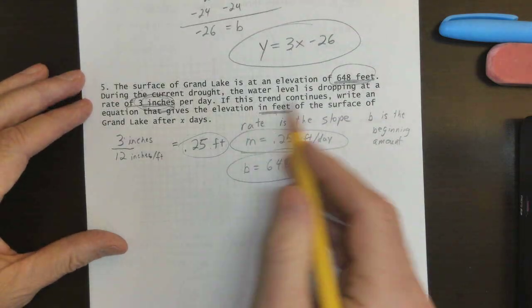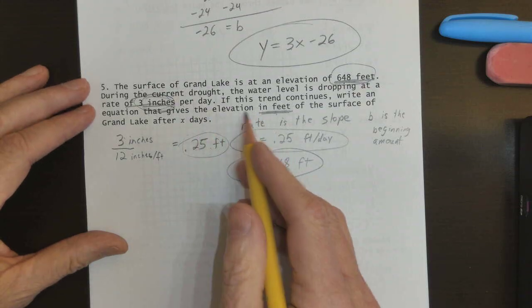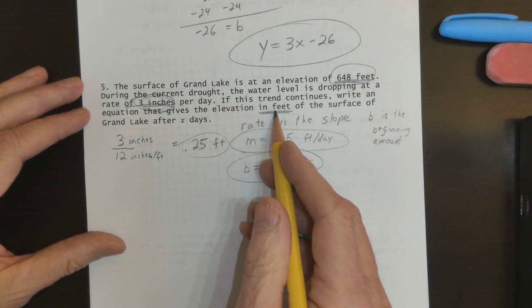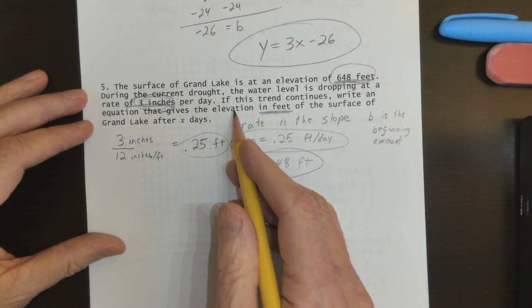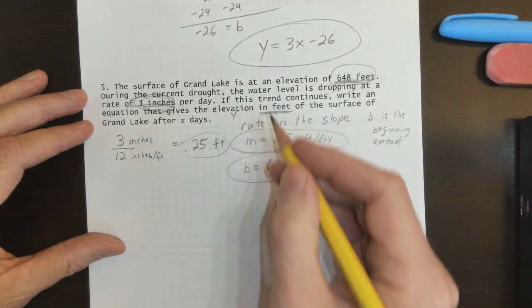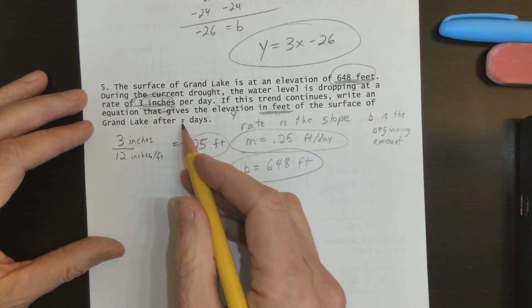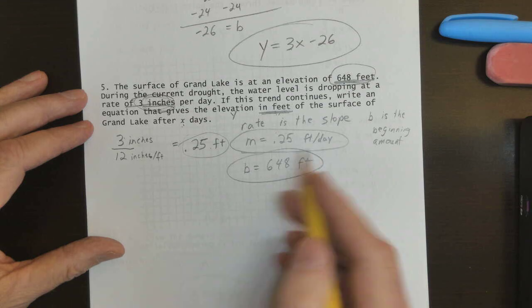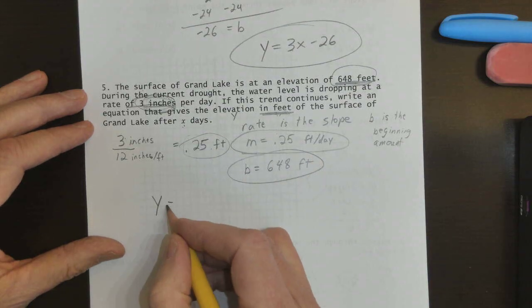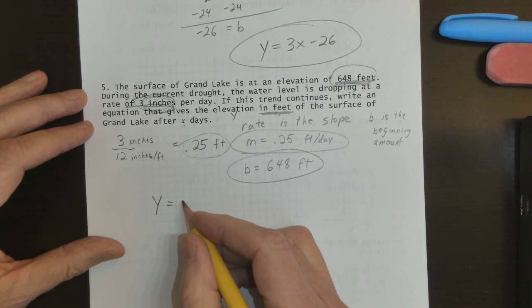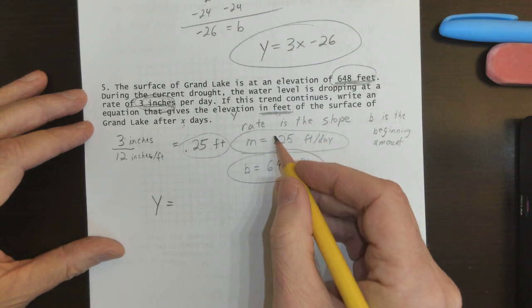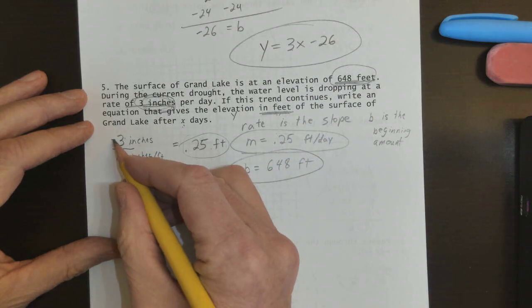All right, if this trend continues, write an equation that gives the elevation in feet. Okay, I'm going to use Y for the elevation. They tell us to use X for the number of days. So the elevation is going to equal, now it's going down, so I need to do this. If it's going down, that's negative.